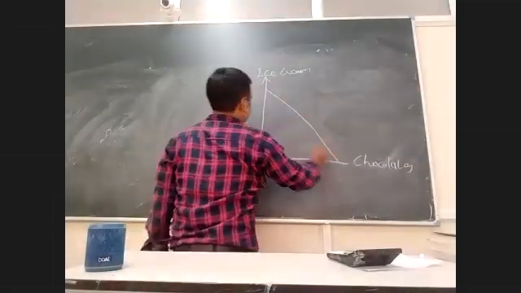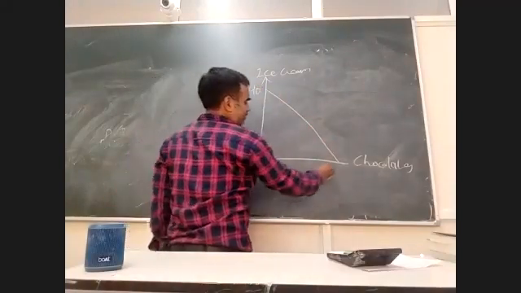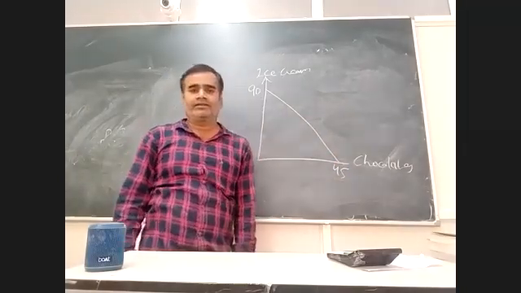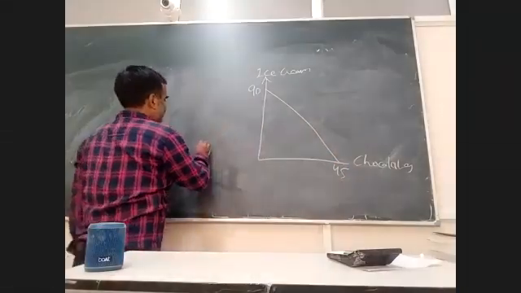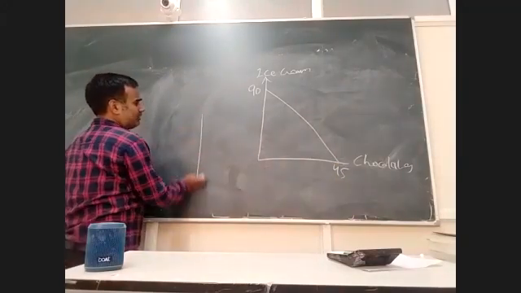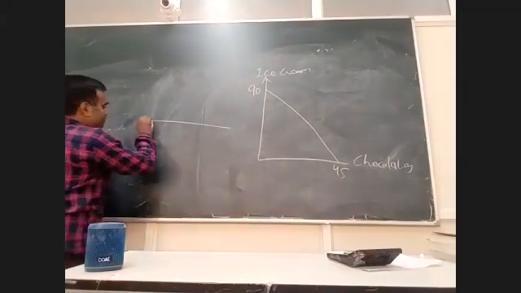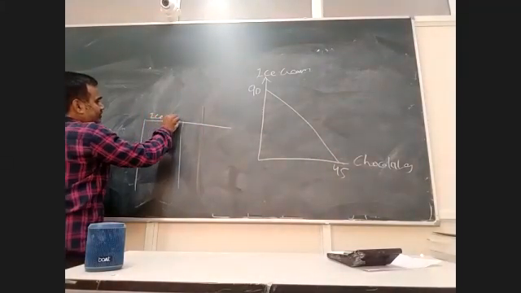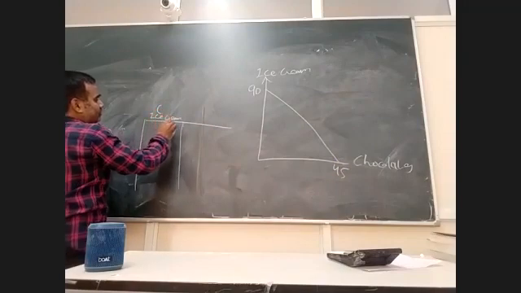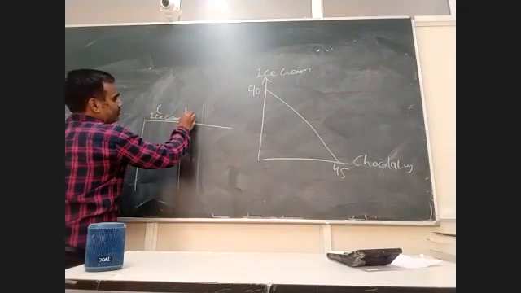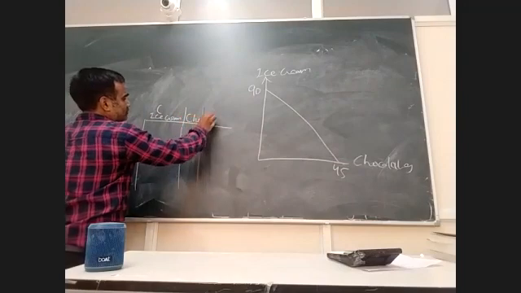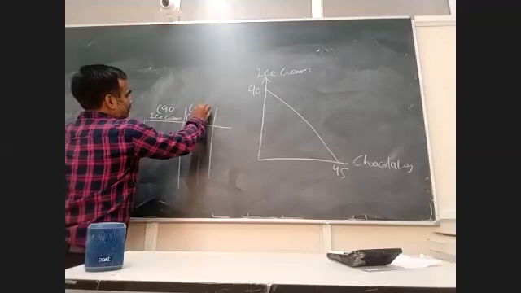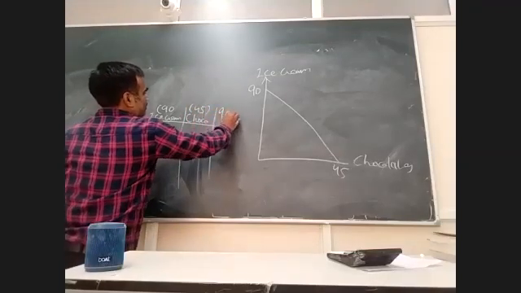Similarly, here they have shown that the quantity of ice cream is 90 and the quantity of chocolate is 45, and income is 900. If you make the budget set table, ice cream is 90, chocolate is 45, and income is 900.